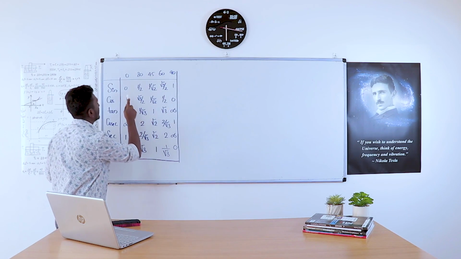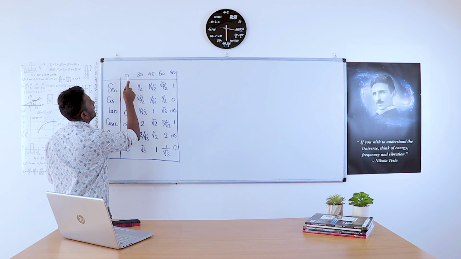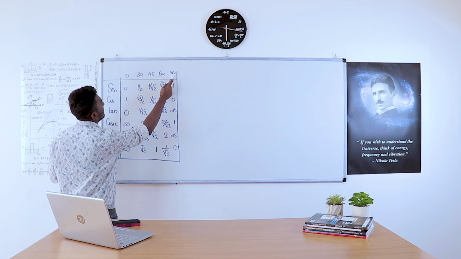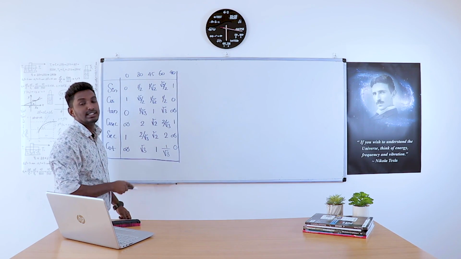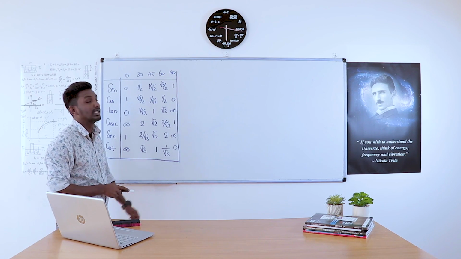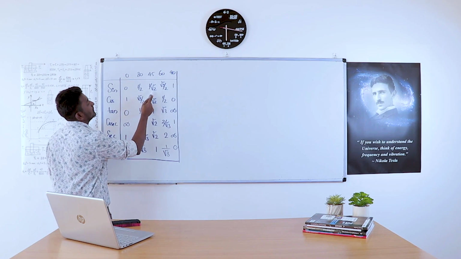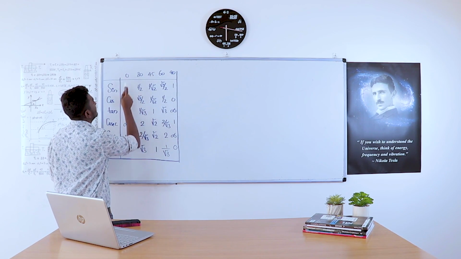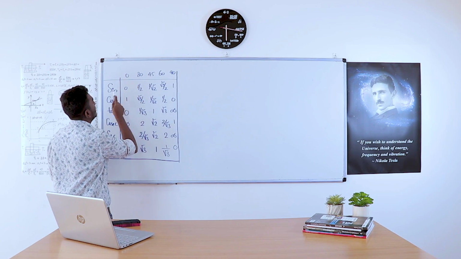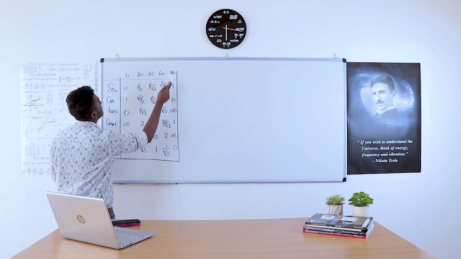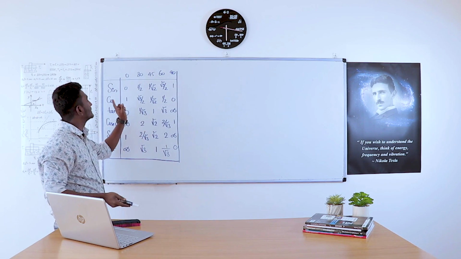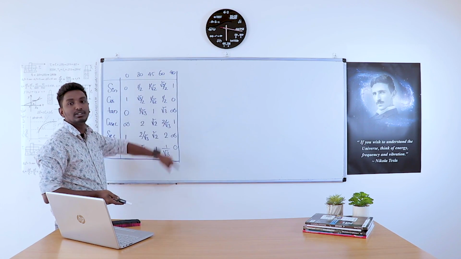So now look here. The increasing order of angle is 0, 30, 45, 60 and 90. The first trigonometric function is sine, with values 0, 1 by 2, 1 by root 2, root 3 by 2, 1. So sine 0 is 0, sine 30 is 1 by 2, sine 45 is 1 by root 2, sine 60 is root 3 by 2, sine 90 is 1.